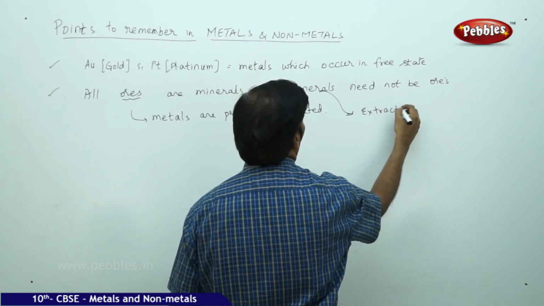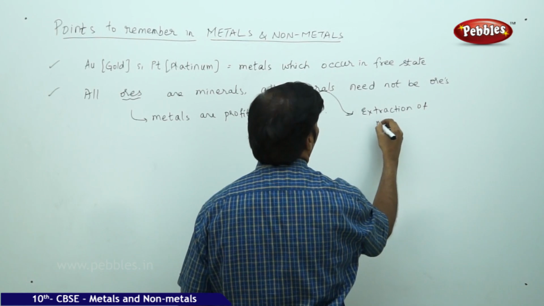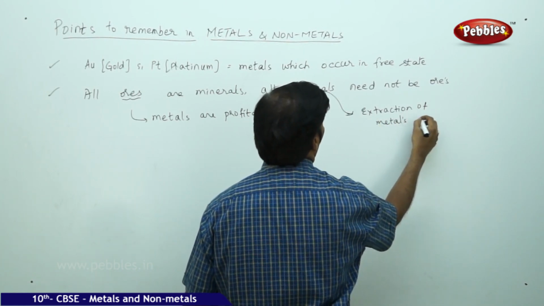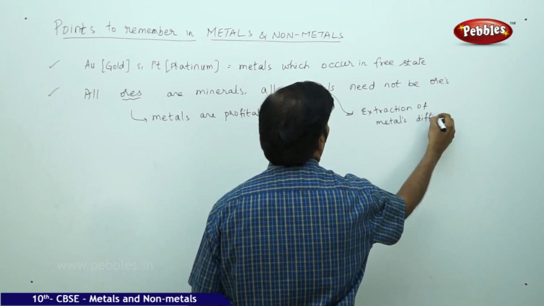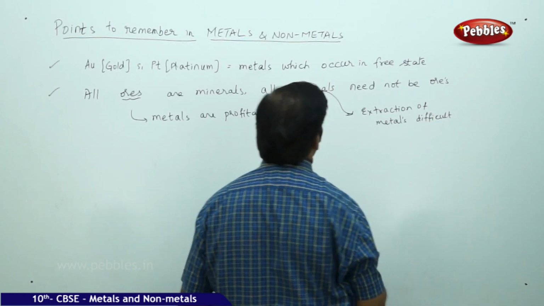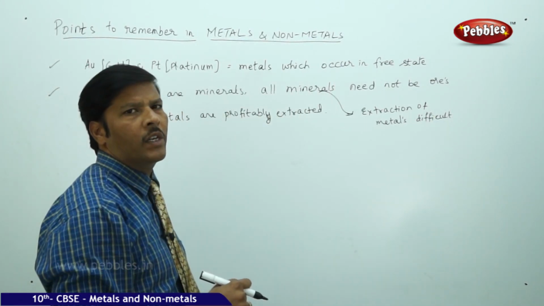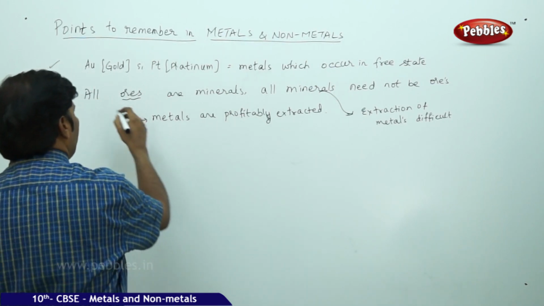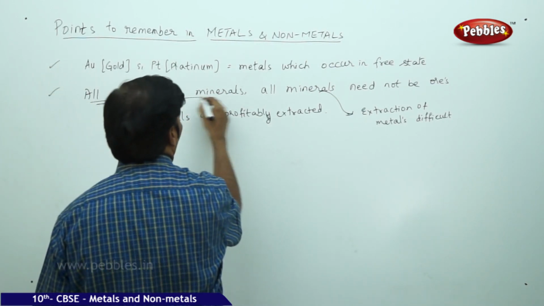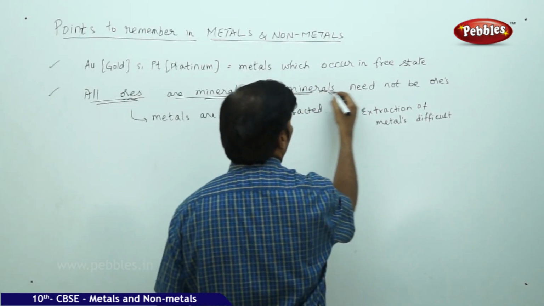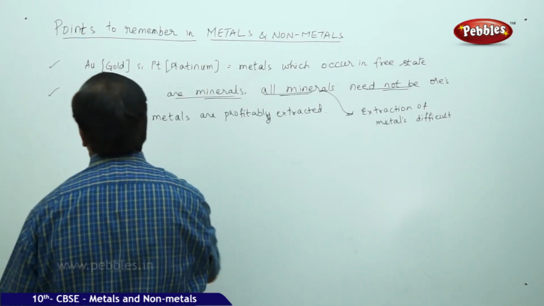From the minerals, extraction of metals is difficult, so we have to adopt special methods to extract the metals from the minerals. That's why we say all ores are minerals, but all minerals need not be ores.